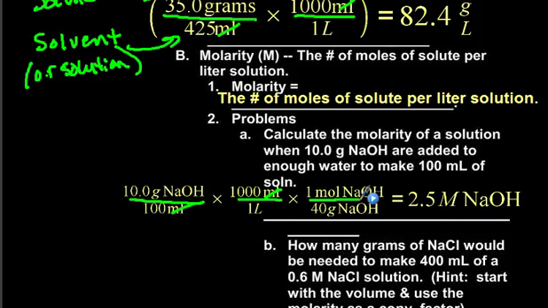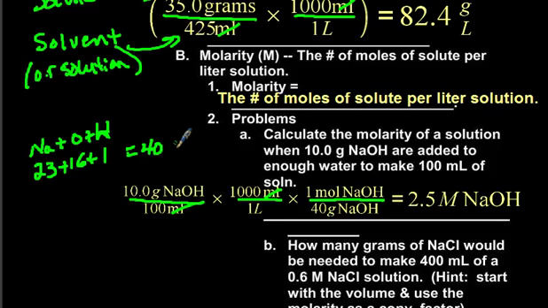And we know that 40 grams, remember 23 plus 16 plus 1, Na plus O plus H is going to give us 40 grams per mole. 40 goes on the bottom, 1 mole goes on the top, and all of a sudden we are left with grams canceling.